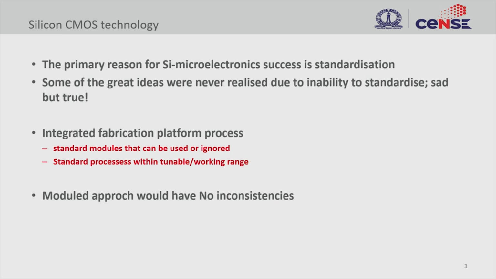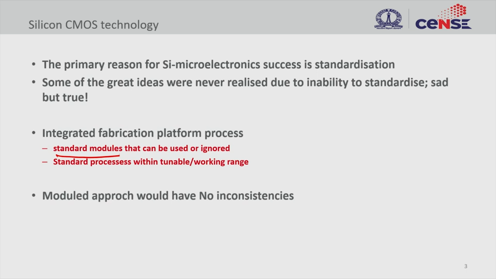In a standard integrated fabrication platform, we use a standard platform, right? So standard modules that can be used. The standard processes should be within the tuning range. So the requirement that you have in order to realize some device should be within the range of that particular process that it can deliver.